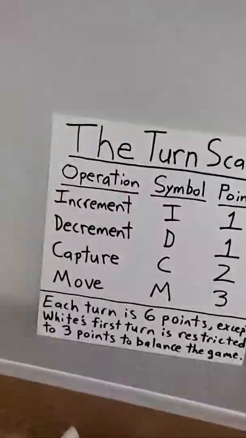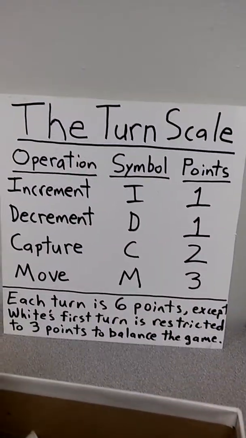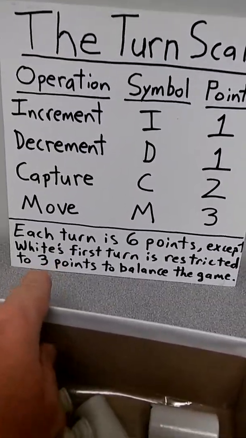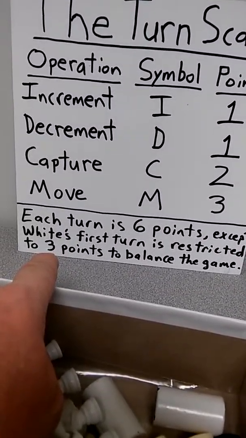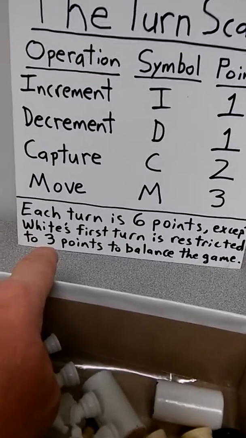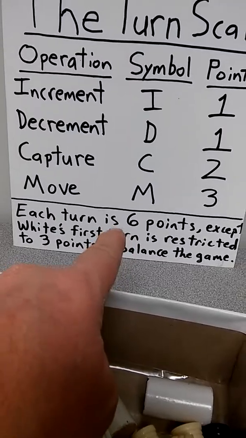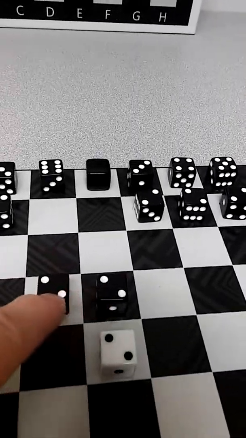Because a move is 3 points, and you get 6 points. I only got to move one piece because white's first turn is restricted to 3 points to balance the game. After that, everybody gets 6 points. So black's first turn gets 6 points.